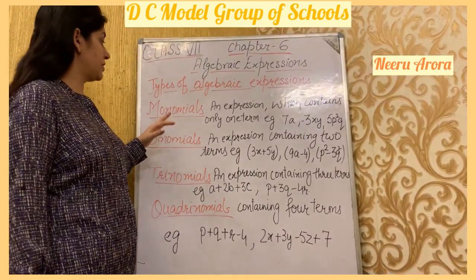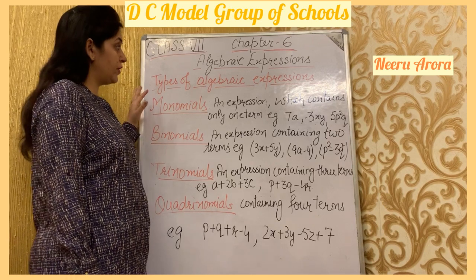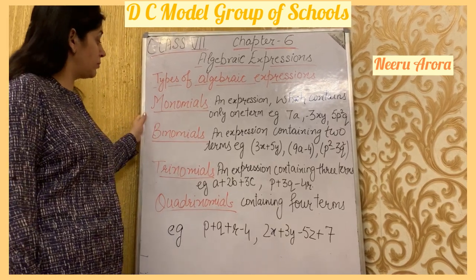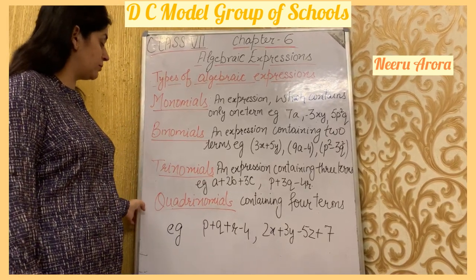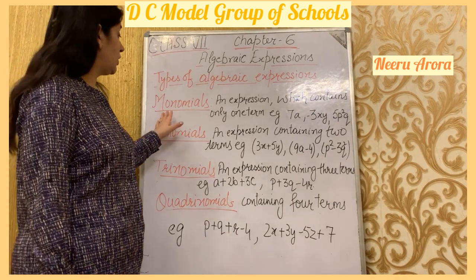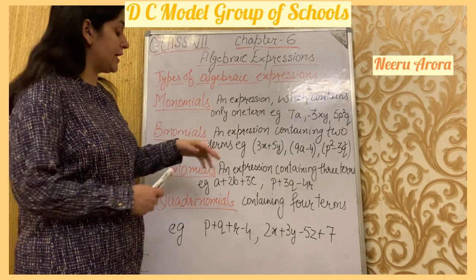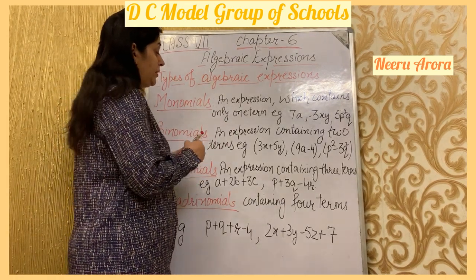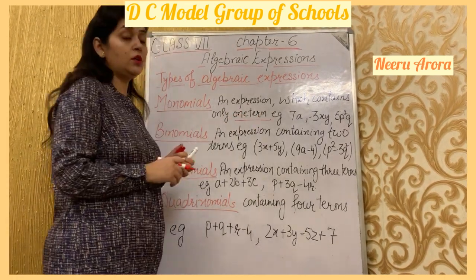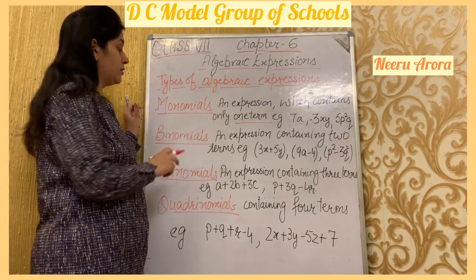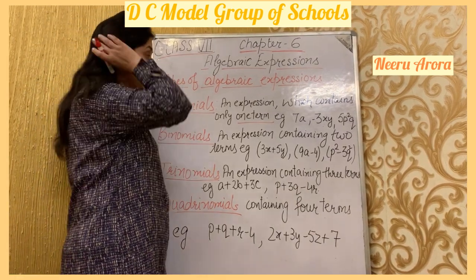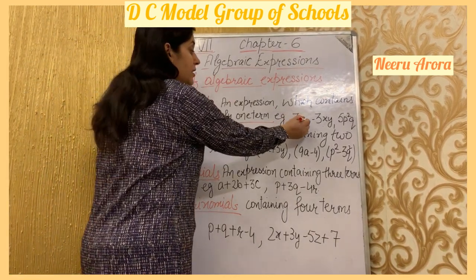Types of algebraic expressions. So various types of algebraic expressions are monomials, binomials, trinomials, quadrinomials. What is monomials? An expression which contains only one term is known as monomials. So here 7a, it is single term.